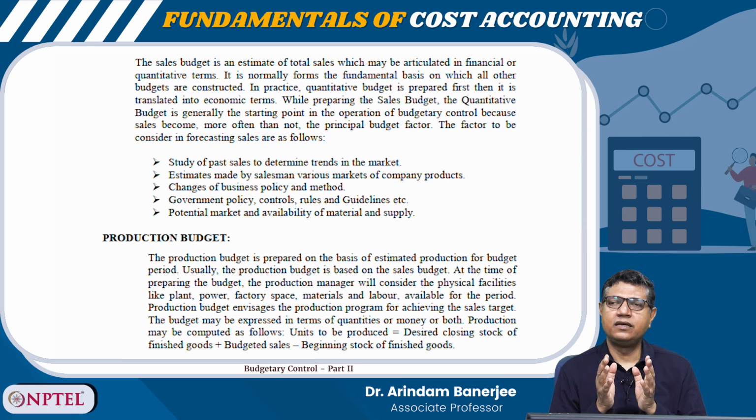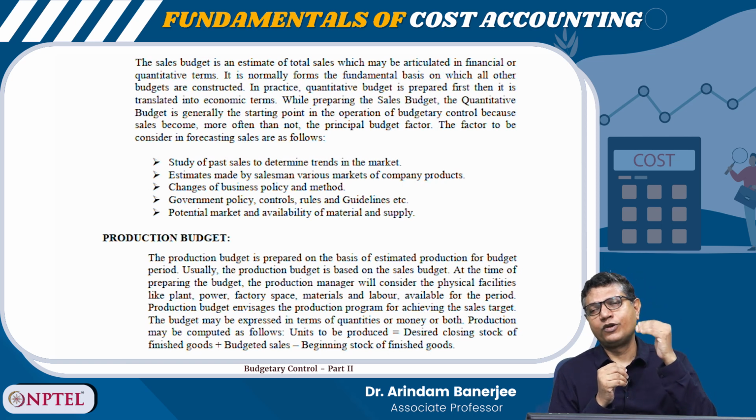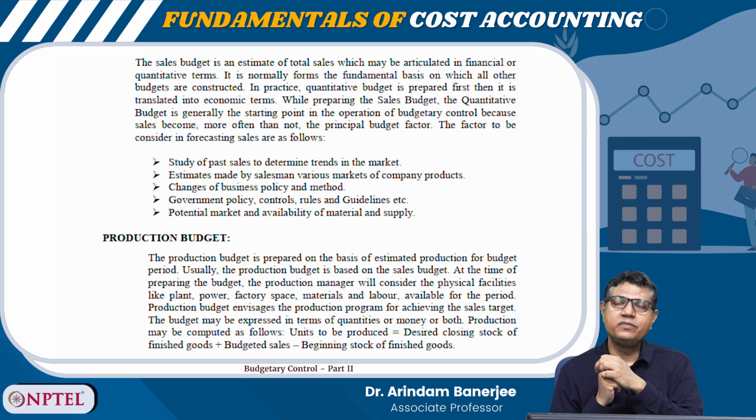Once this figure is fixed, it goes to the production team, who needs to produce. Based on the estimates given by the sales team, the production team makes a production budget and checks whether they are capable of producing the required volume of product.